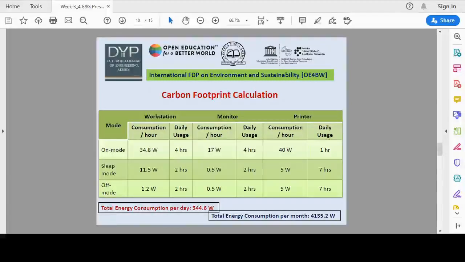The calculation has determined that the total energy consumption per day comes to 344.6 watts for these 3 devices, that is 36 workstations, 36 monitors and 1 printer available in the laboratory. So monthly it has increased to 4135.2 watts.